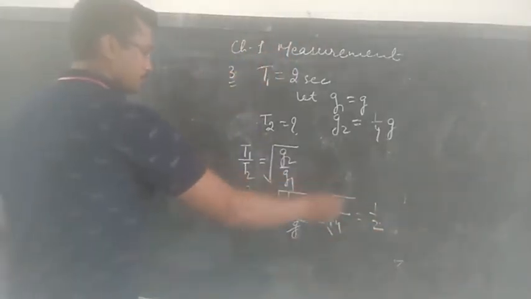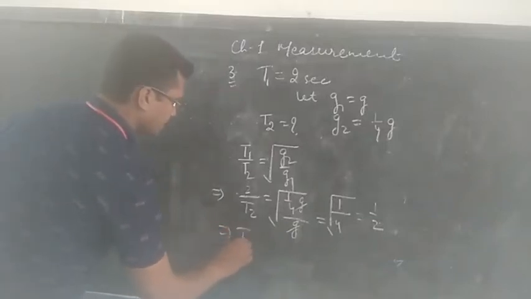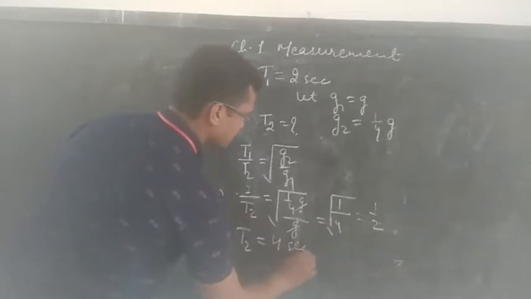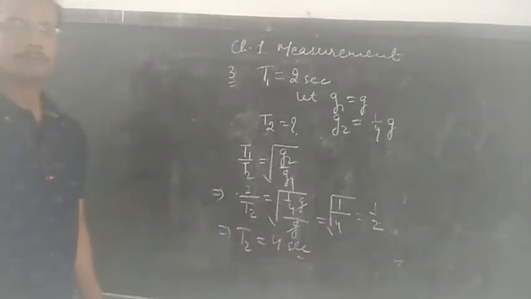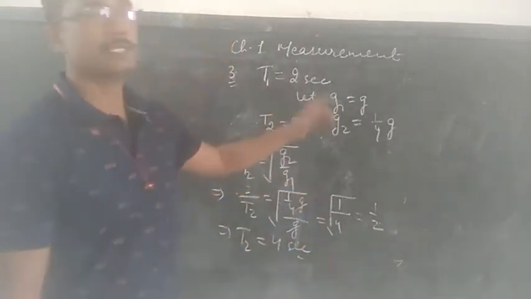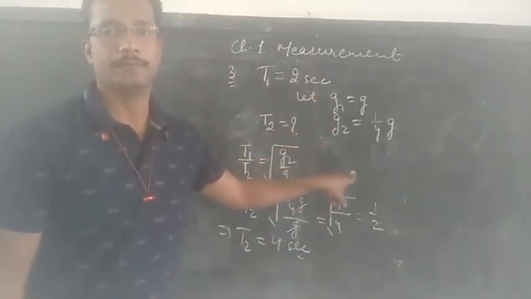That is, when you cross multiply this, we can get the time period T2 to be 4 seconds. So this is the new time period we have got when there is change in the acceleration due to gravity.